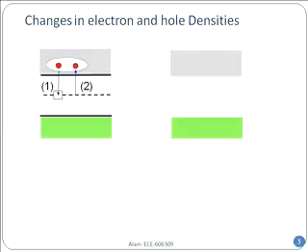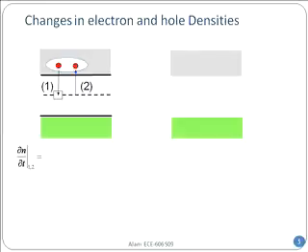It doesn't even know the valence band exists, because the valence band only talks through the trap. So when I'm thinking about how many electrons get in and out of the conduction band, I just need to think about the trap, and that's it.